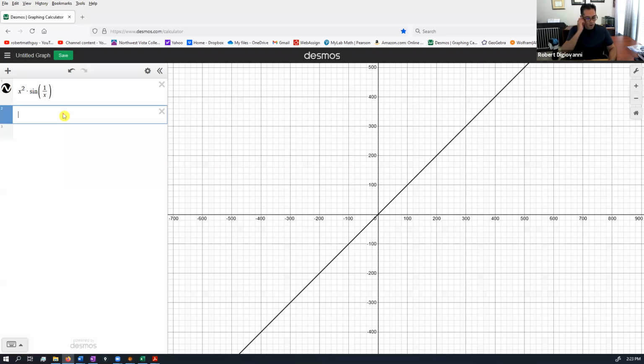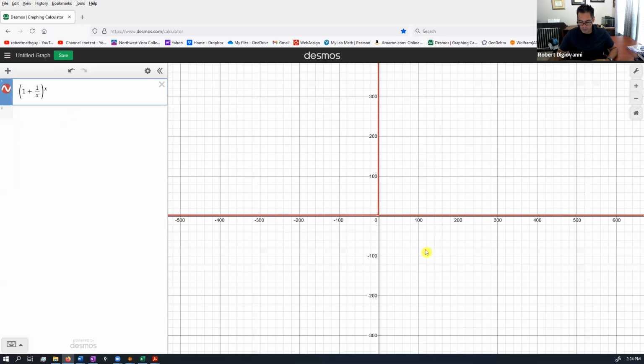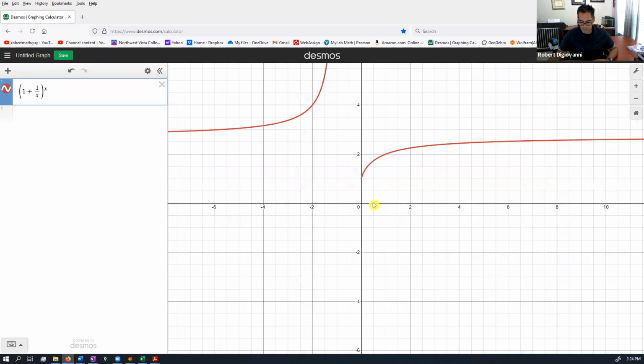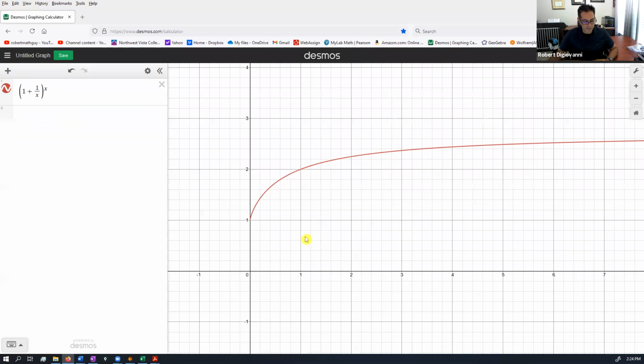Watch, I'm going to try and do it here. Okay, so what if I do 1 plus 1 over x raised to the x. Zoom in on this. This is the graph of that.